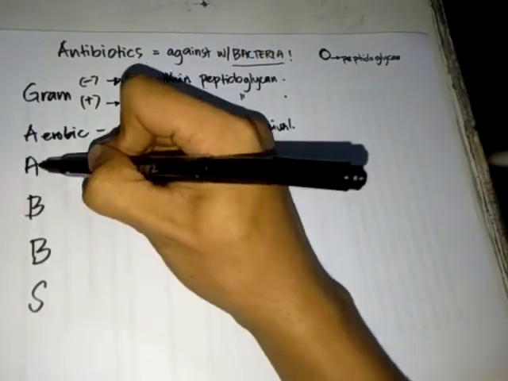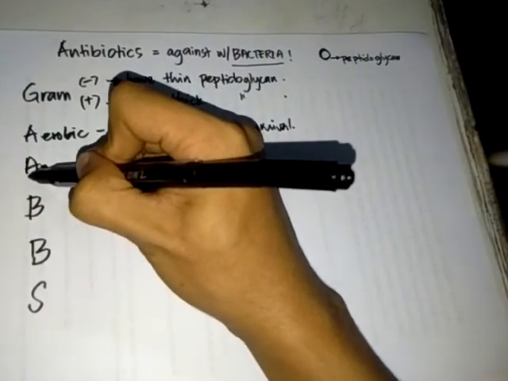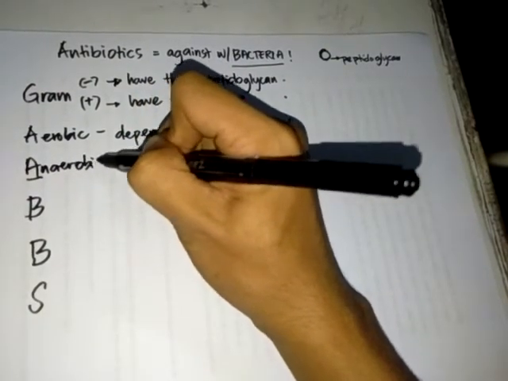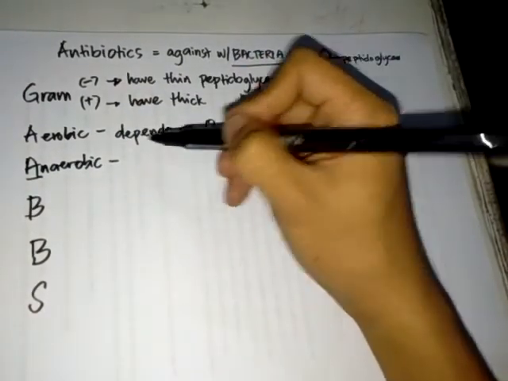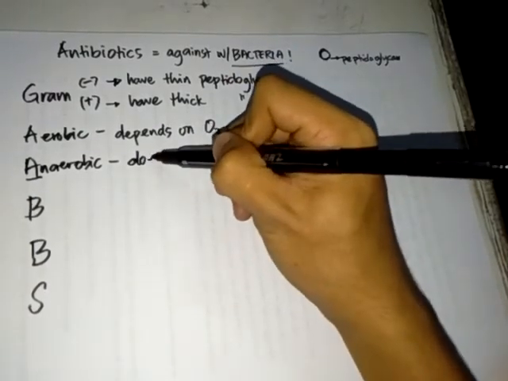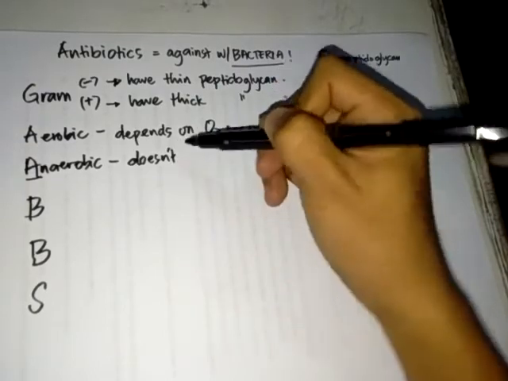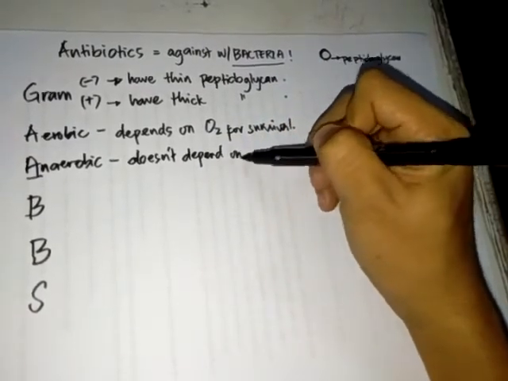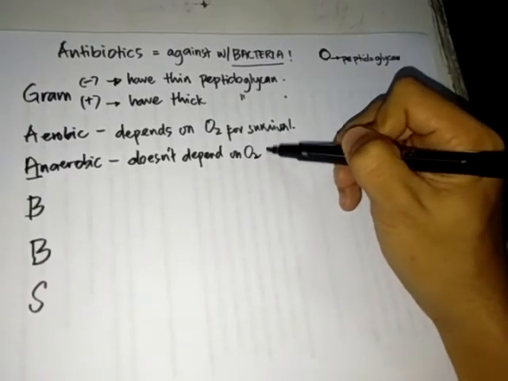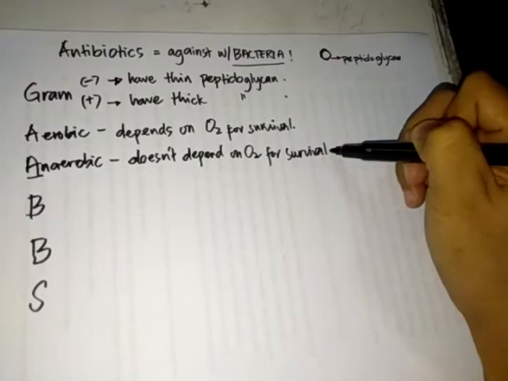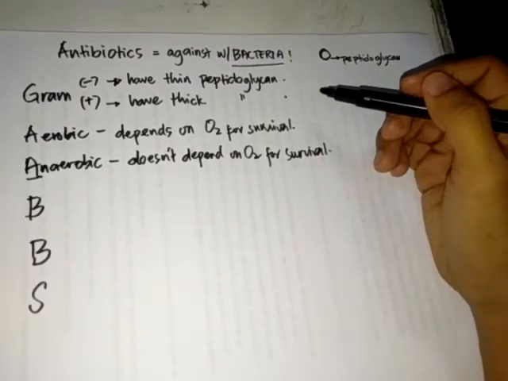And the second A stands for on. There's a prefix on. Anaerobic. Anaerobic type of bacteria doesn't depend on O2 for survival.